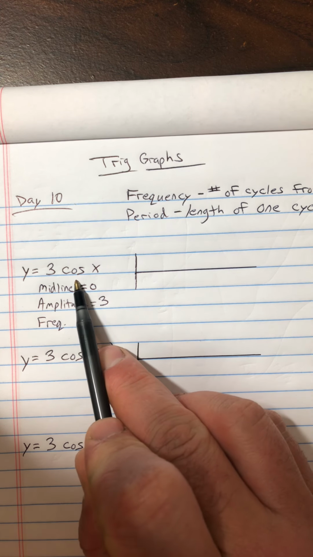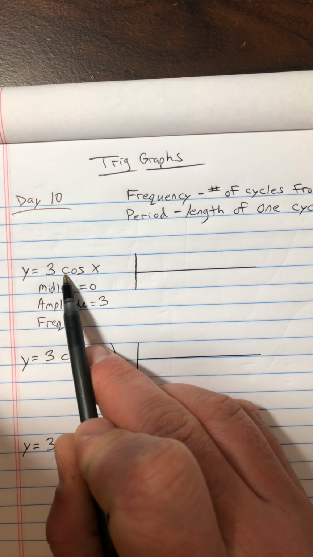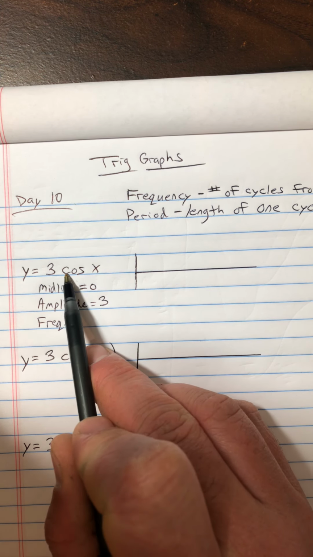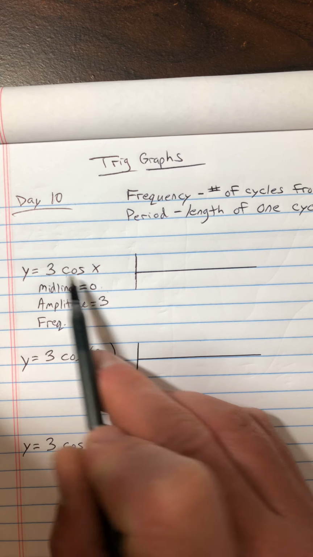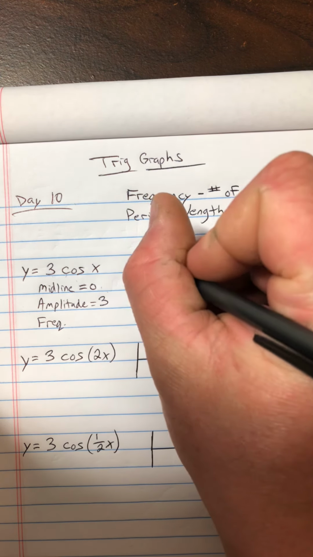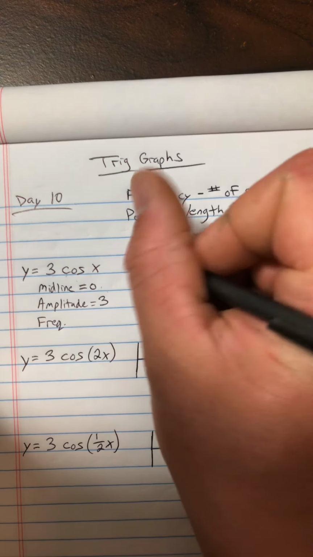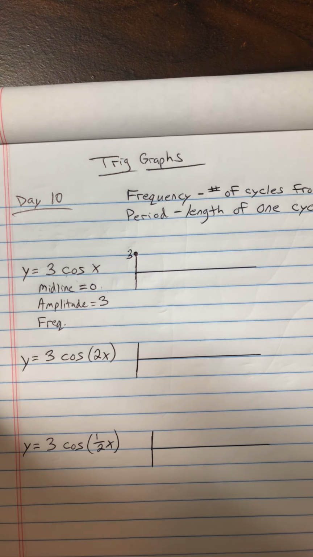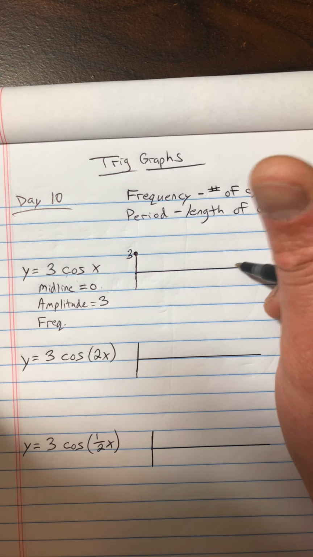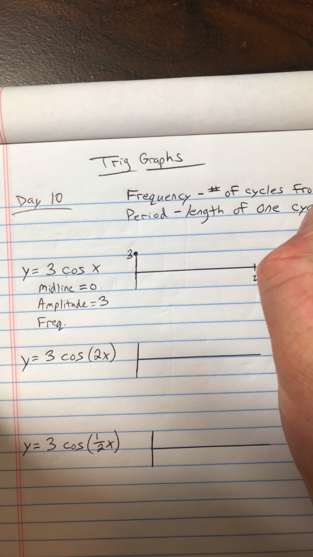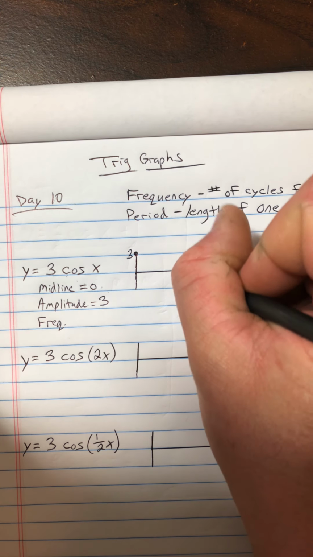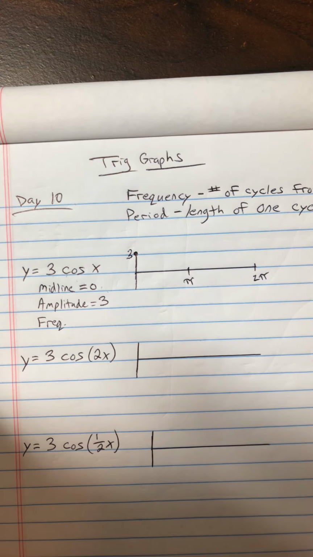This is a cosine. Let's just graph this real quick. It's a cosine graph, so I'm going to start above my midline. So above 0, how far above? I'm going to start 3 above it, because that's a cosine graph. So this will be at 3 if you're doing a scale. And let's say this goes out to 2 pi. Half of 2 pi is pi in the middle.